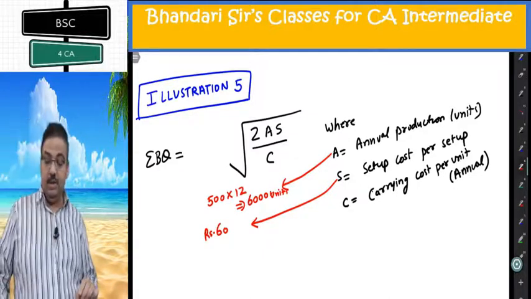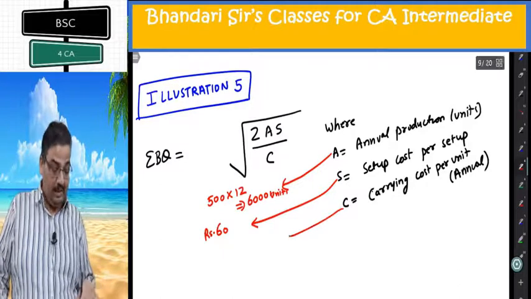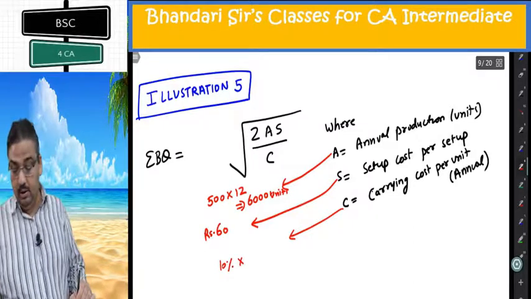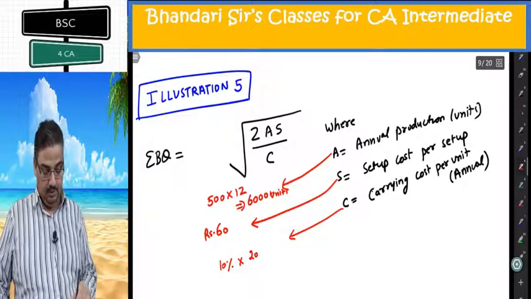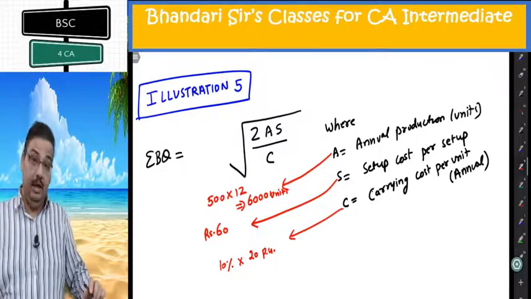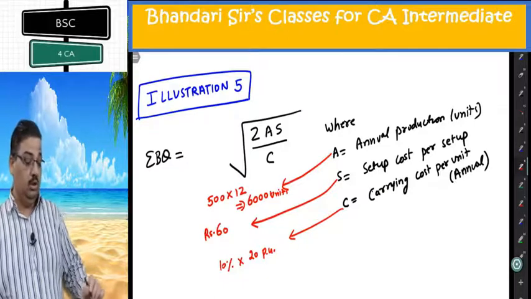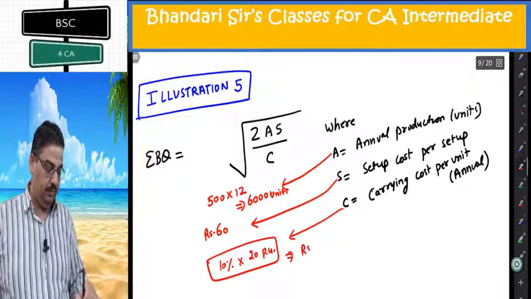Carrying cost, he tells me rate of interest, which is a component of carrying cost. 10%, I don't need percent. I'll have to apply it on cost per unit, which is 20 per unit. On 1 unit cost incurred is 20, 10% is carrying cost. So on 1 unit carrying cost incurred is 2 per unit.